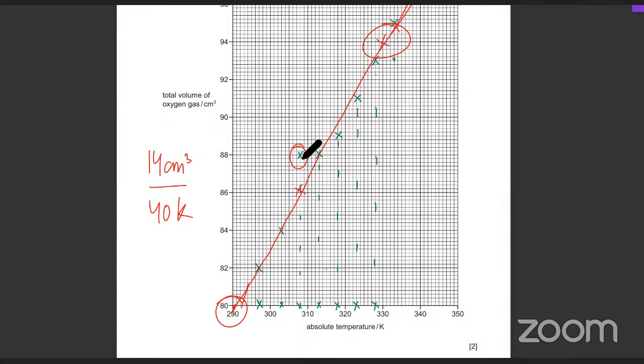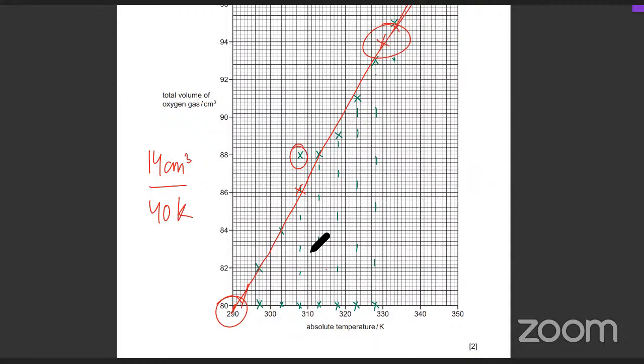Maybe this point was taken at a lower temperature. The actual temperature might have been this one, but maybe you took it earlier, so you're getting a lower temperature, which is why you made an error somewhere while recording the temperature.